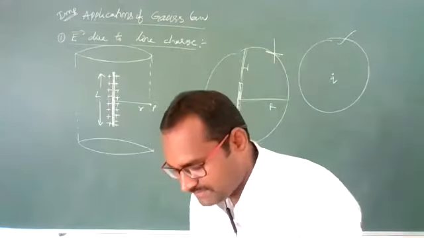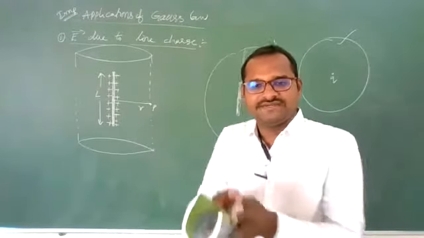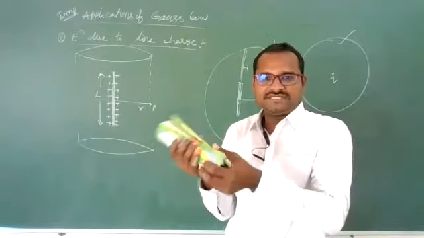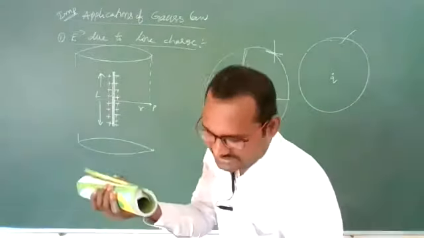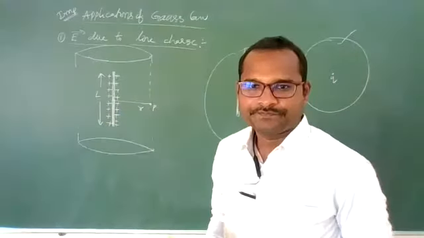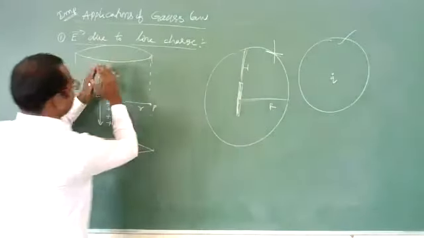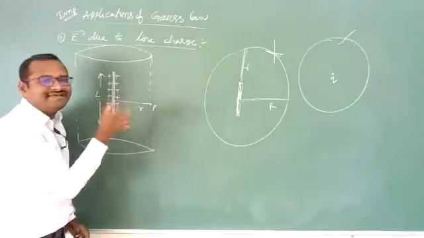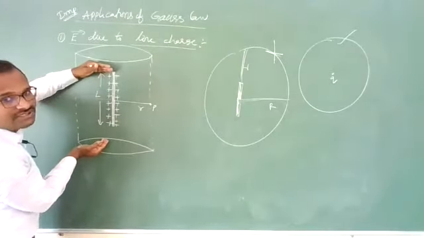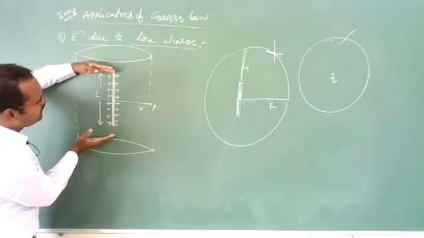From the line charge, this curved surface is at equal distances, which means the electric field will be equal all around this curved surface. This cylinder has a radius of small r and a length of L. Imagine this cylinder having length L; exactly this much length only you should consider.